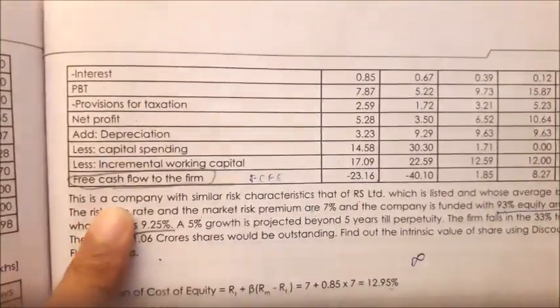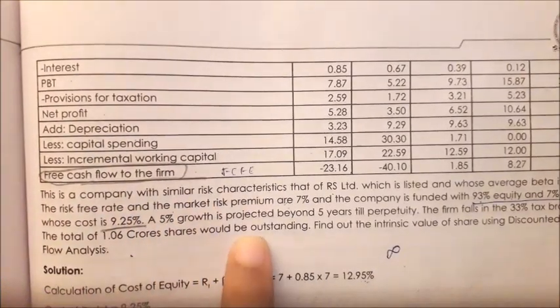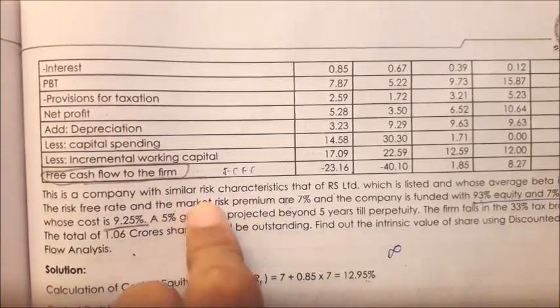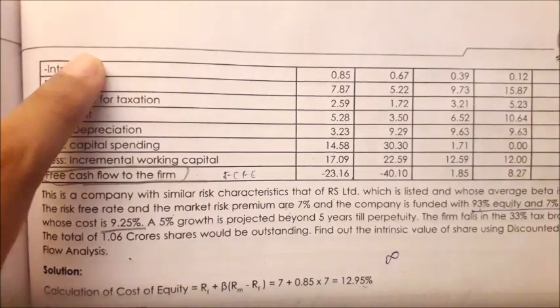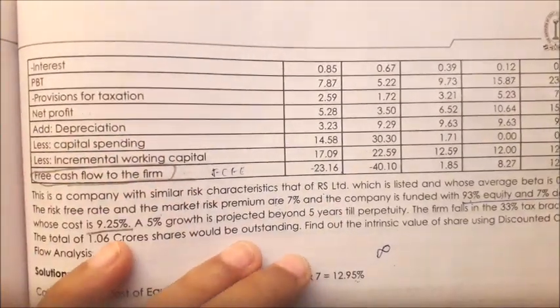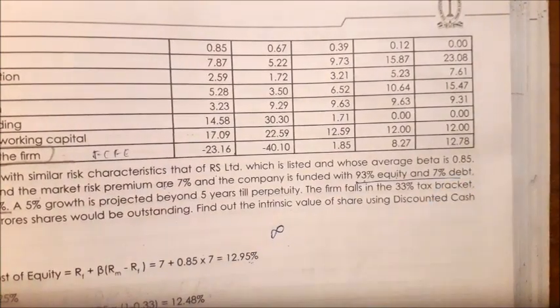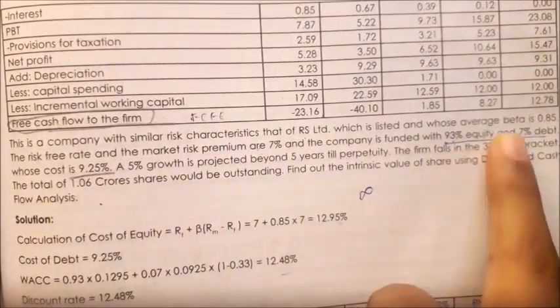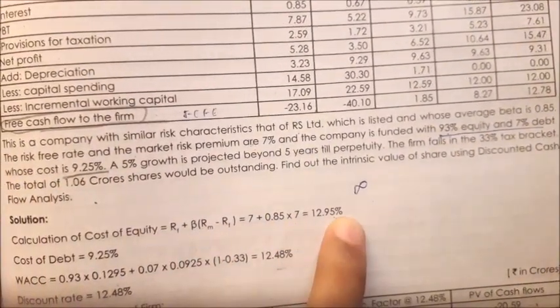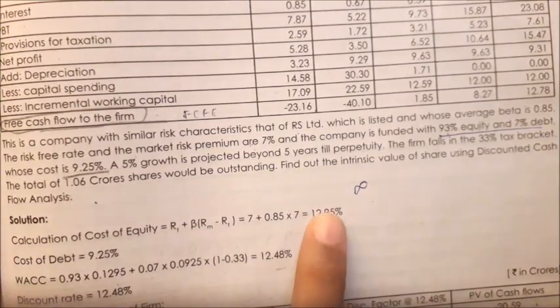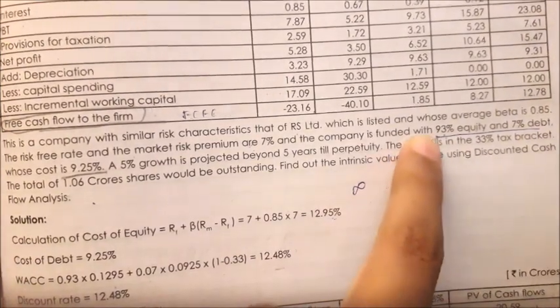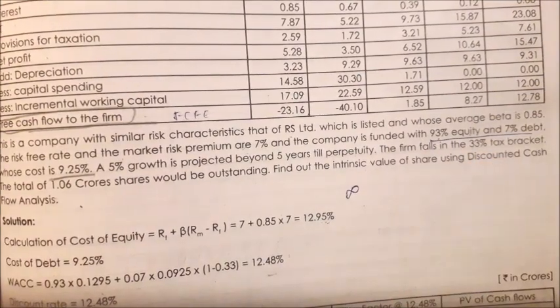In the adjustments they have given details of a company with similar risk characteristics to RS Limited, which is listed, whose average beta is this, and risk premium is this. As I told you, if you are given these details, first find the cost of equity. So they have found the cost of equity. Later they have told us the company is funded with 93% equity and 7% debt.